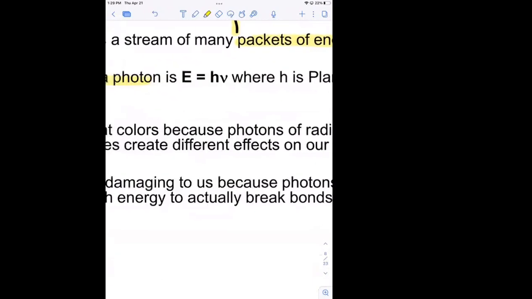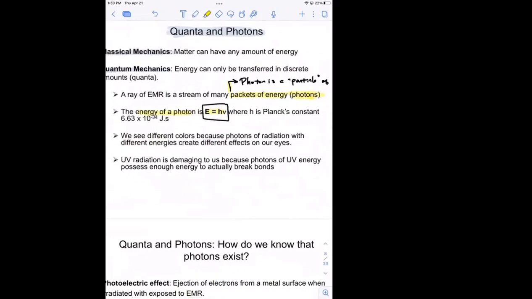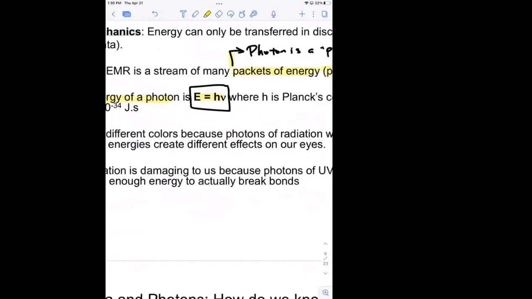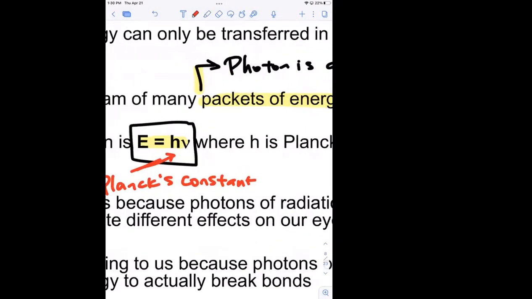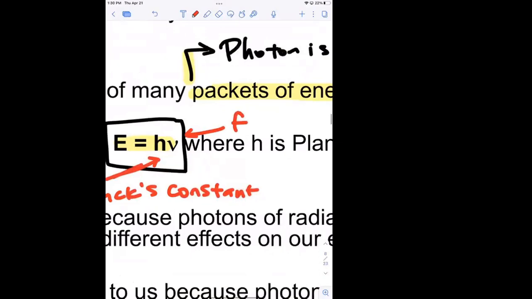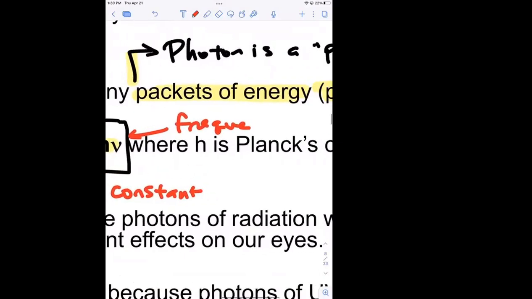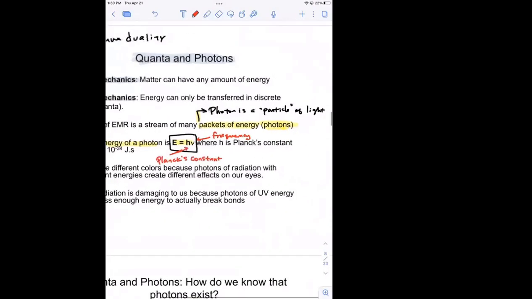It's a very simple equation. It is E = h times nu, where nu is the frequency and h is Planck's constant. So that's Planck's constant, and nu, we've already seen, is the frequency. All right, Planck's constant is a given.